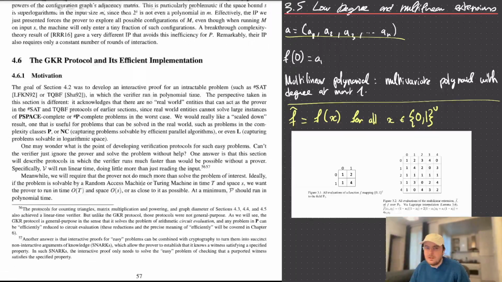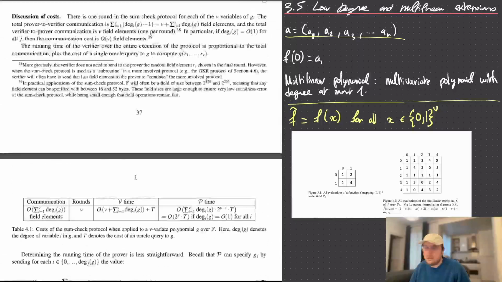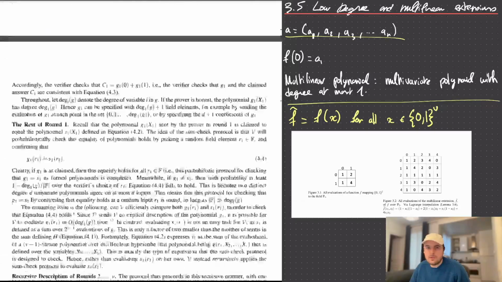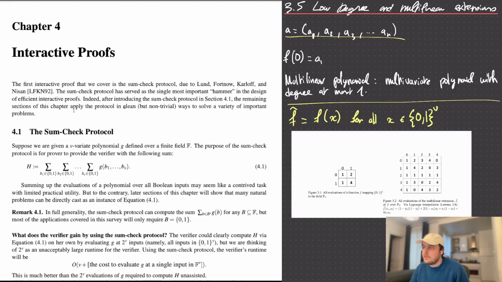There's so much. GKR protocol. It's quite cool. Sum-check protocol, interactive proofs. The first interactive proof covered is the sum-check protocol. Okay, we'll do that later. I don't want to start now. I want to be super focused when I do it because it's important. So I'll stop the live here.